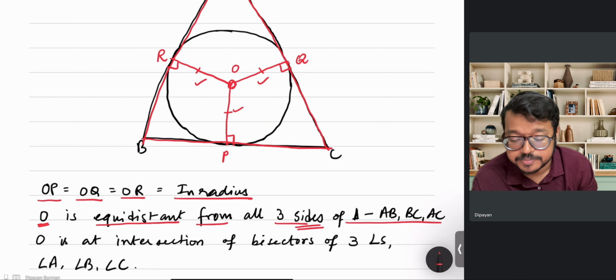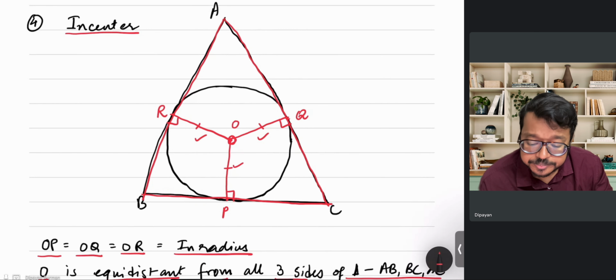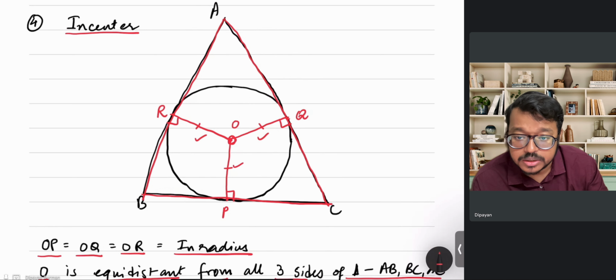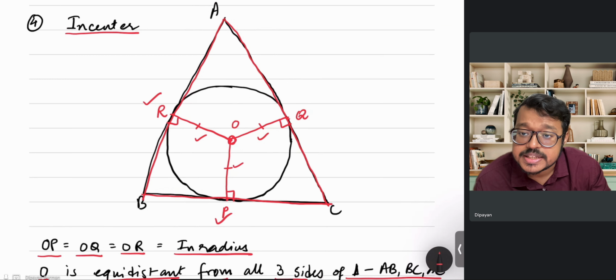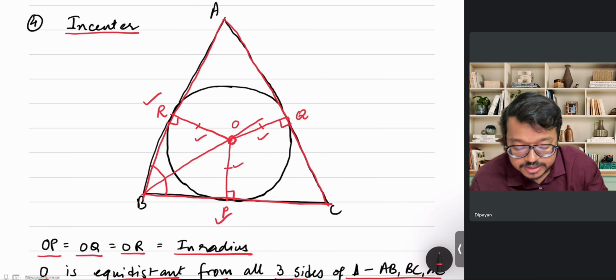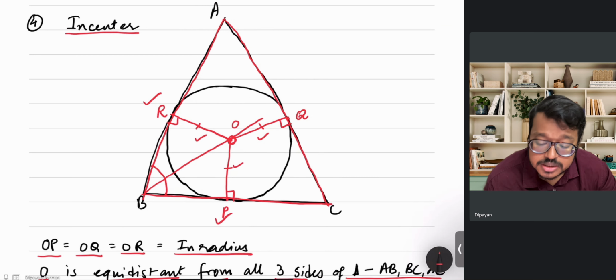And also, according to the Locus theorem, if I have a point, let's say point O, equidistant from two intersecting lines AB and BC, then it should lie on the bisector of the angle between AB and BC. So if I draw the bisector of angle B, point O will lie on that angle bisector.